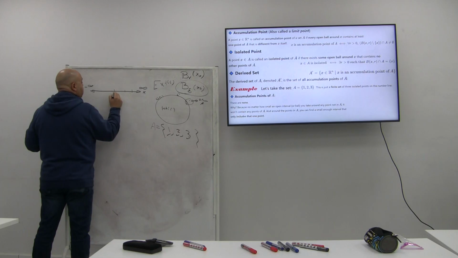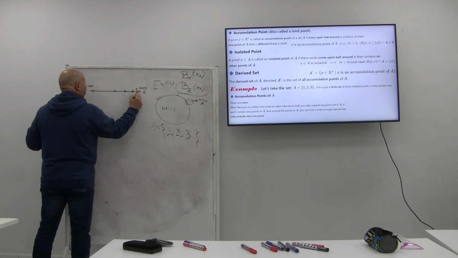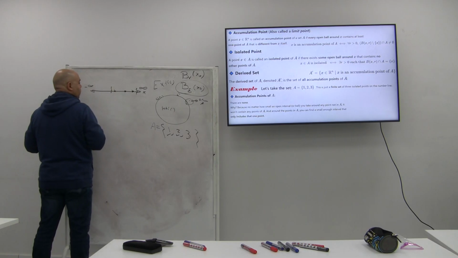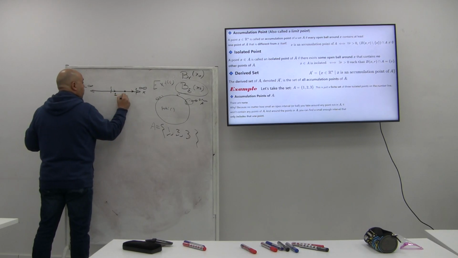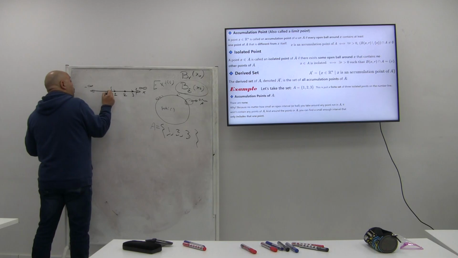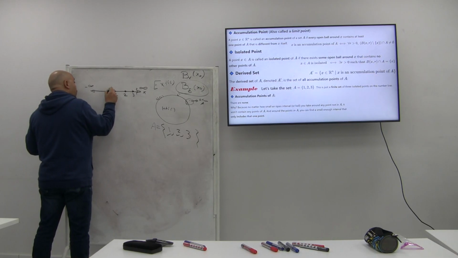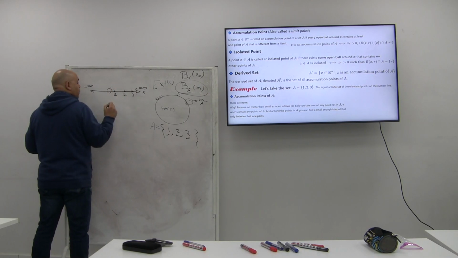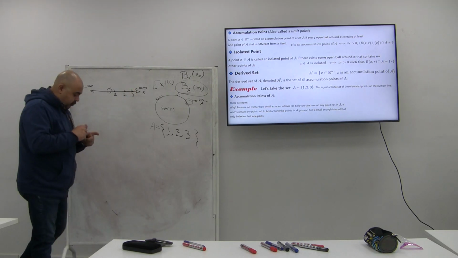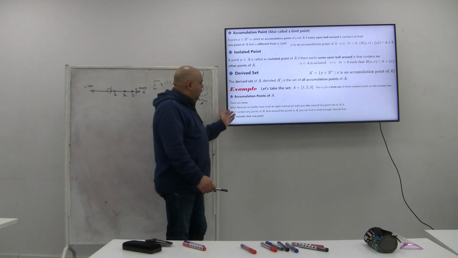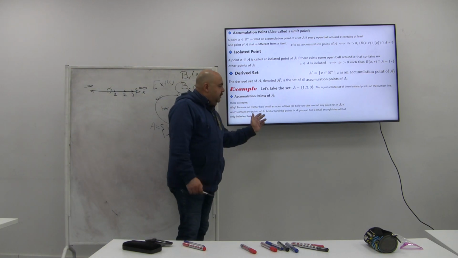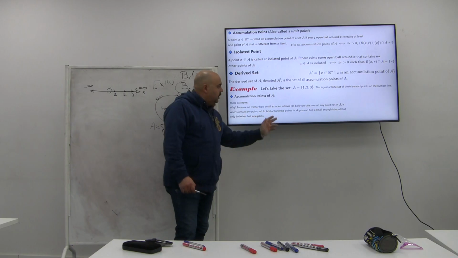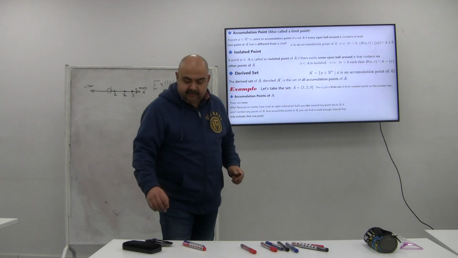These are the numbers, just 1, 2, and 3, and that's the set we are talking about. There is no number here with an open ball that will be shared with 1, 2, or 3 in any location. So this is why there is no accumulation point, and this is what is explained in this short paragraph.